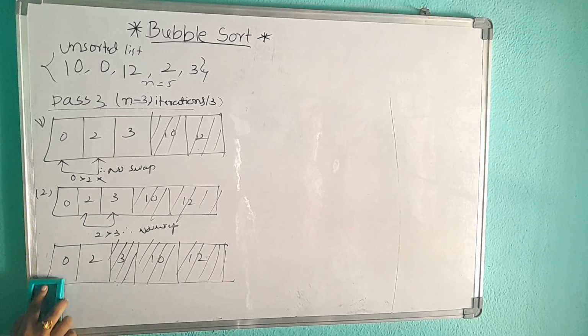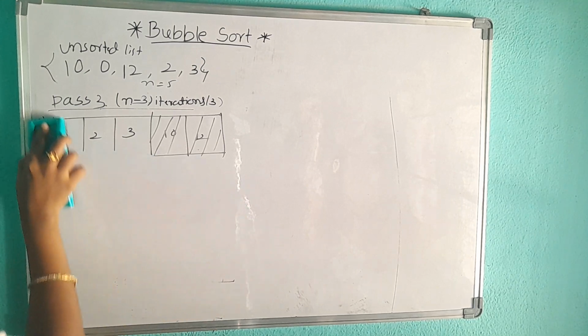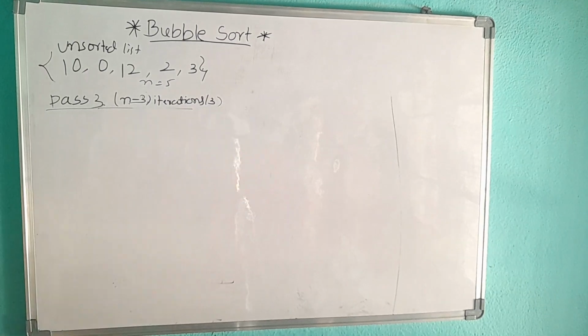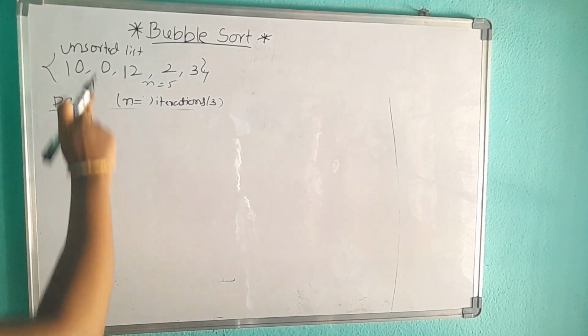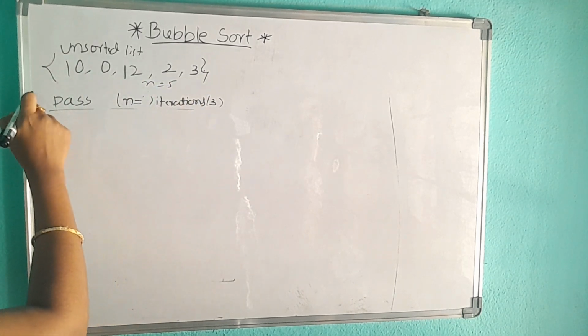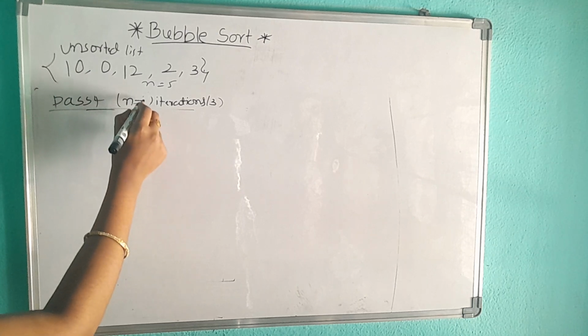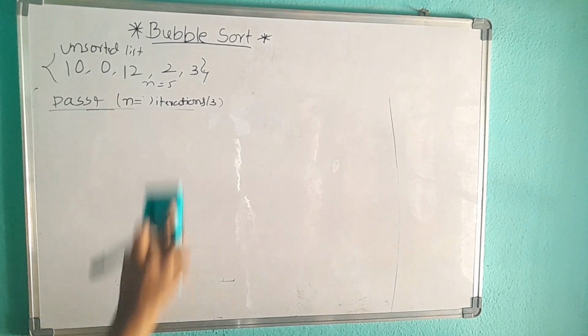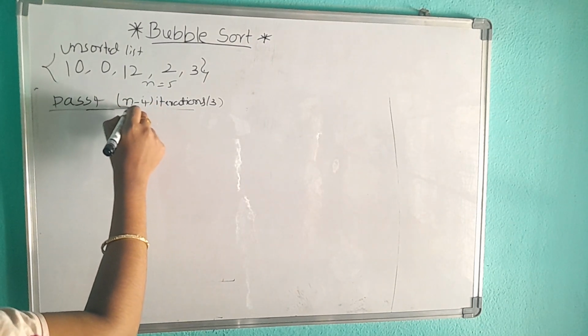So next pass. This is the last one. Here the number of elements is 5, therefore n minus 1 passes means 4 passes are there. So this is the fourth pass. The number of iterations in the fourth pass is n minus 4.